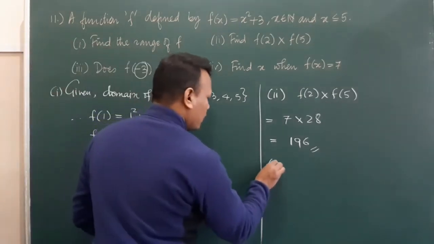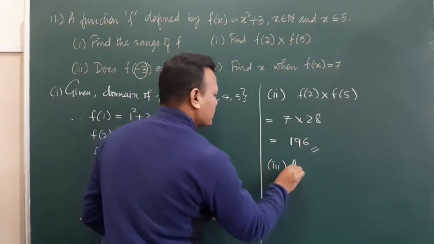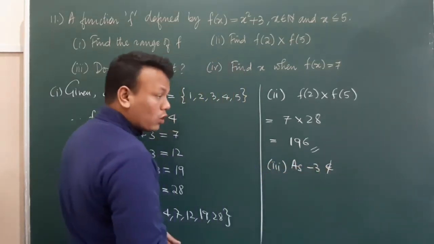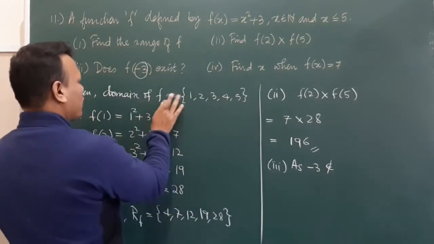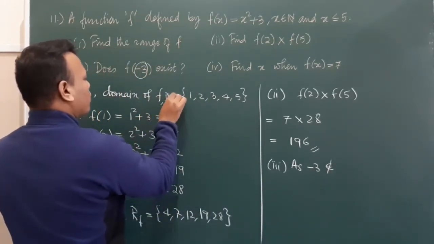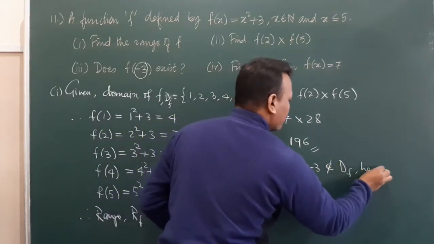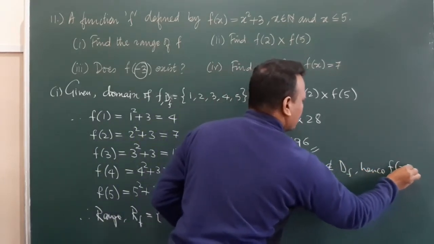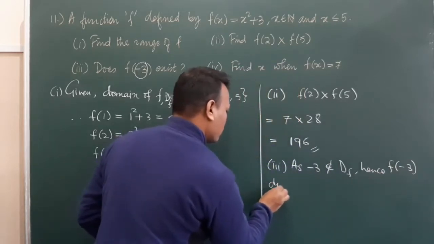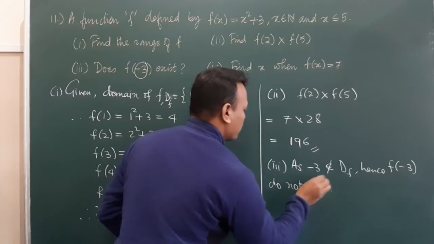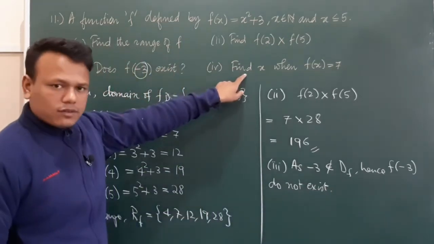So number 3, as minus 3 does not belong to the domain, you can write this as: minus 3 does not belong to df, hence f of minus 3 does not exist.